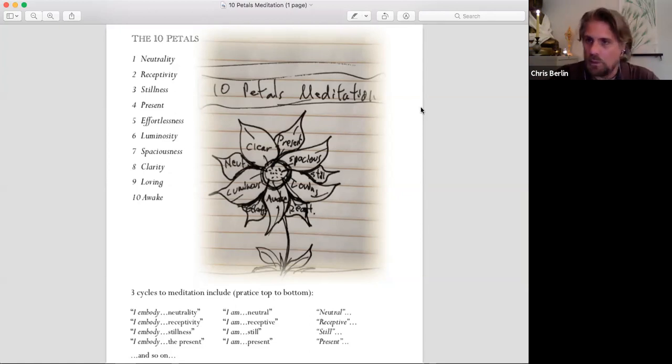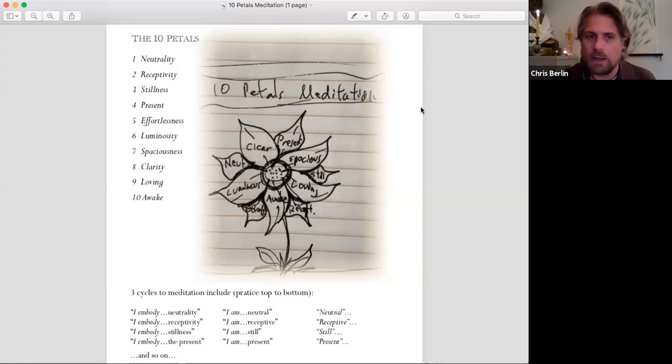And I found that once all of that clutter lifted, once I felt more free, this process, and I would call this more so than a technique, it's a process of practice, arose whenever I would sit. And it came to me in the form of this 10 petals.